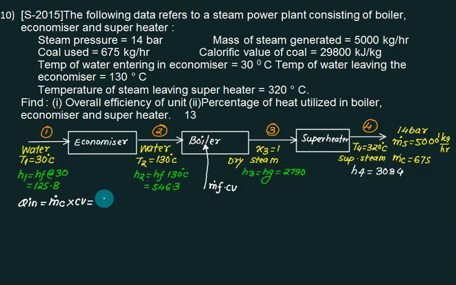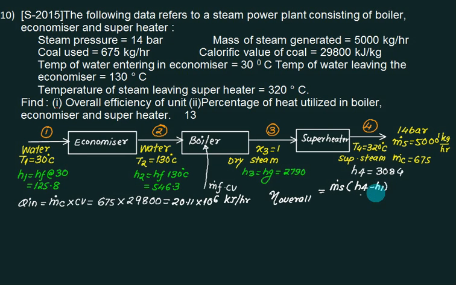Mass of coal is 675. Calorific value is 29800. Now you want to find overall efficiency, meaning 1 to 4. So efficiency equals, we are supplying steam, M dot S, H4 minus H1 divided by Q in. That is the only input.